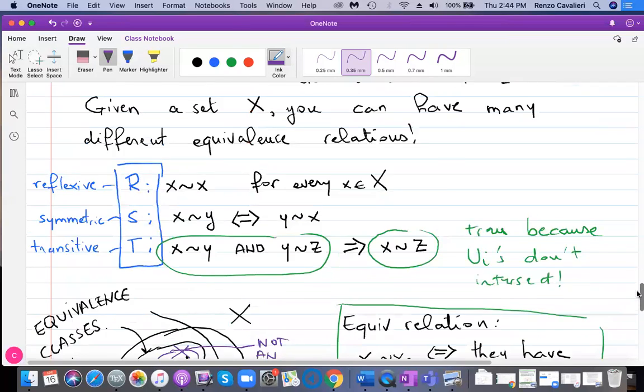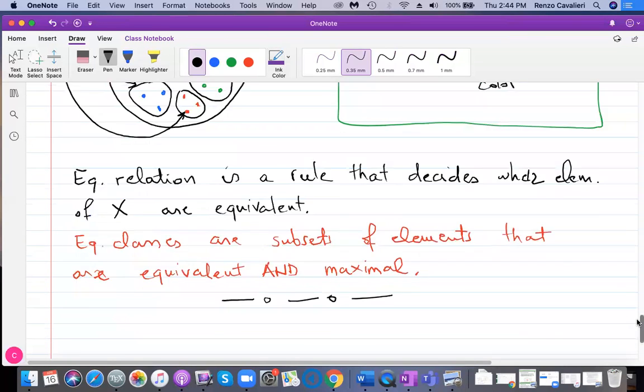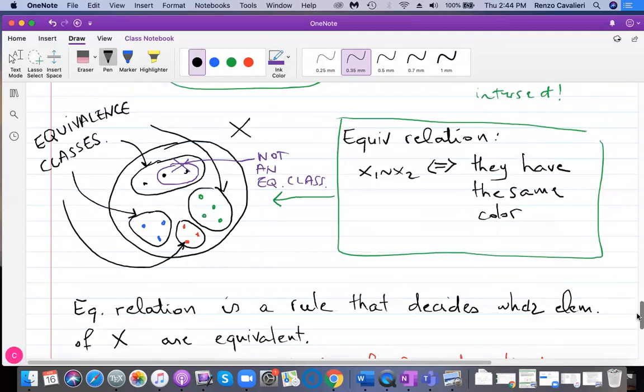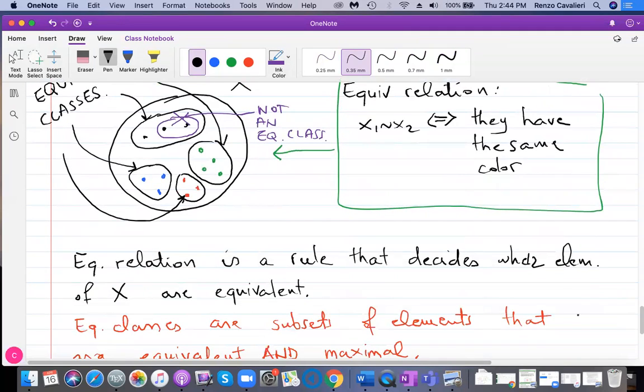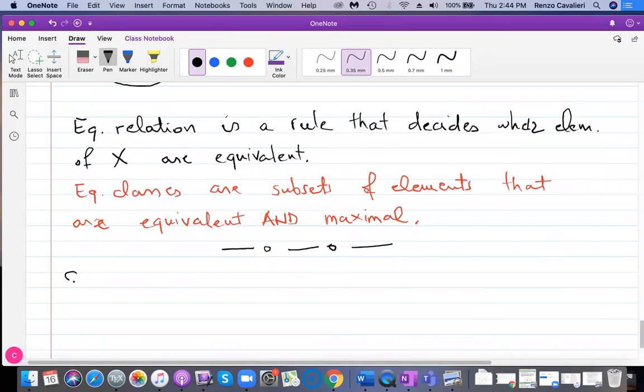Okay, so now comes the confusing thing. If you have an equivalence relation on a set X, you have the subsets of X called equivalence classes. So let's consider the set of equivalence classes.